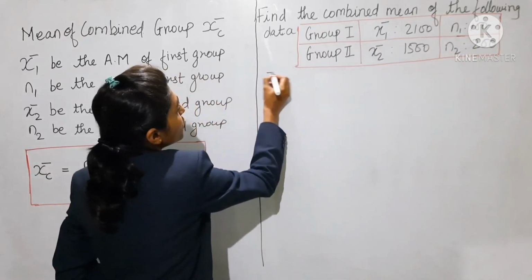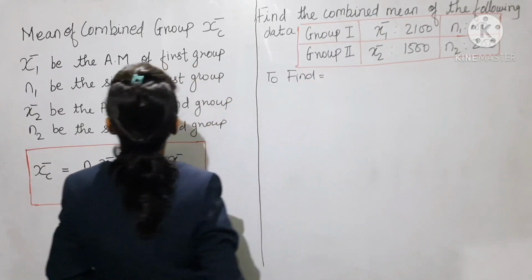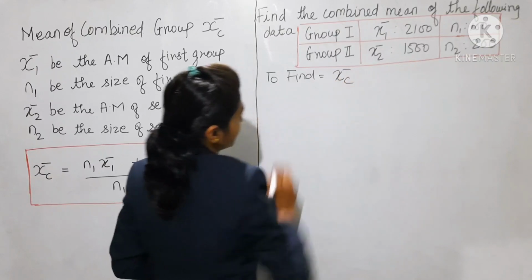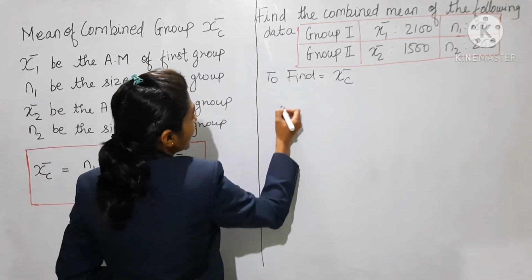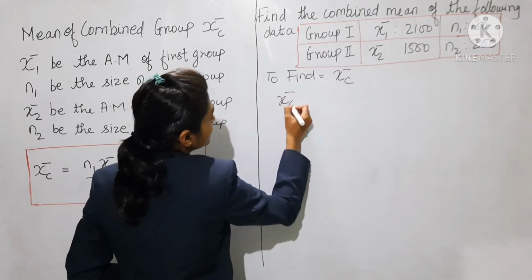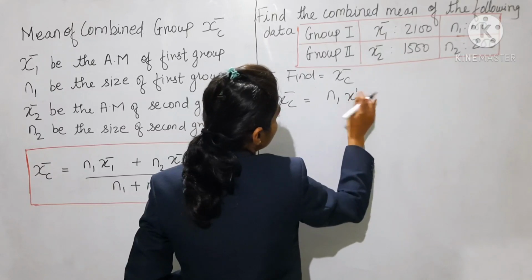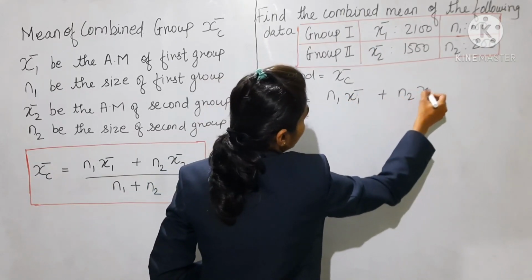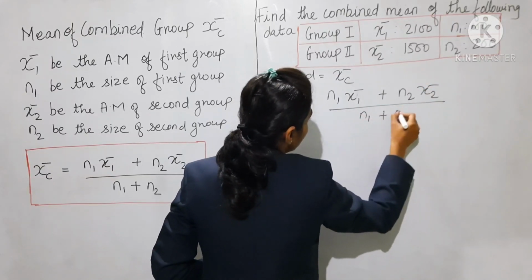To find the solution, we have to find the arithmetic mean of the combined group, x bar c. Write down the formula: x bar c is equal to n1 x bar 1 plus n2 x bar 2 divided by n1 plus n2.